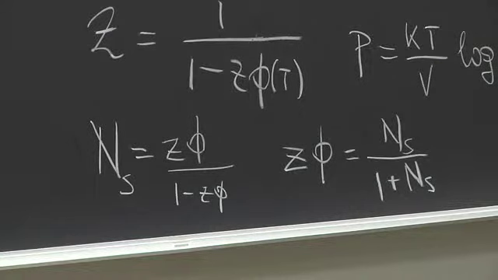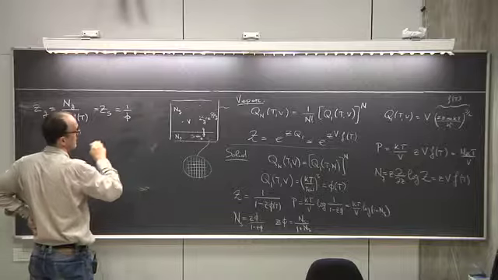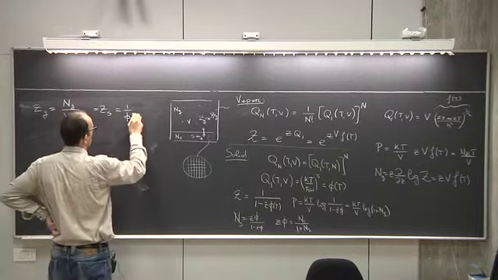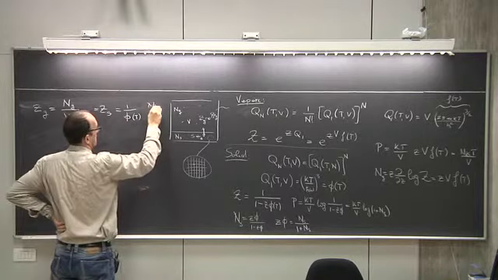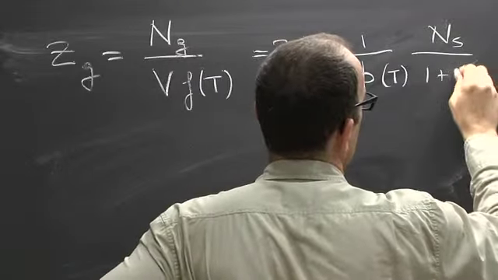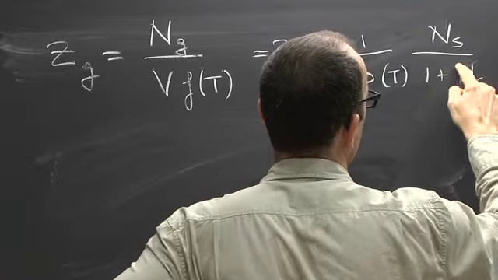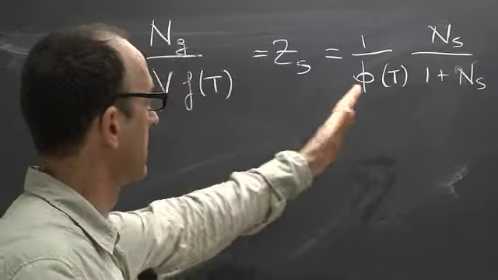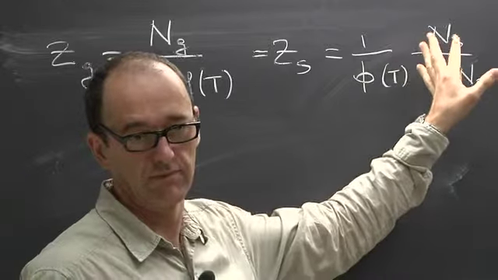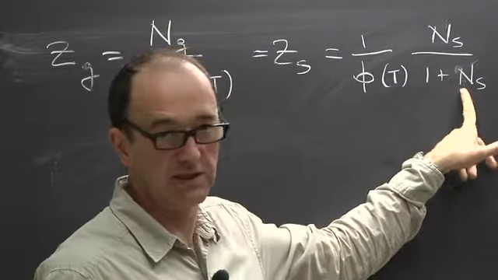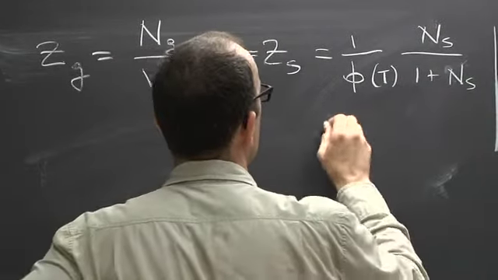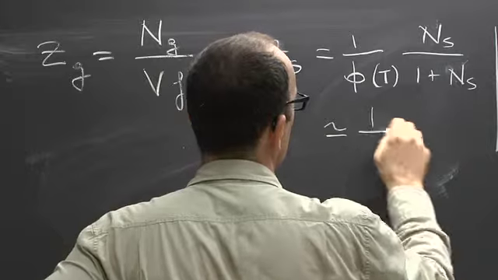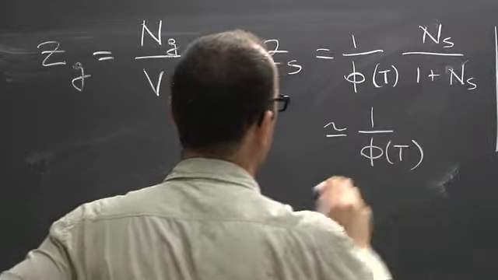So z of the solid is 1 over phi of T times Ns over 1 plus Ns. So this is essentially equal to 1. This 1 is much less than Ns. Ns is of order 10 to the 23. So this is essentially equal to 1 over phi of T.